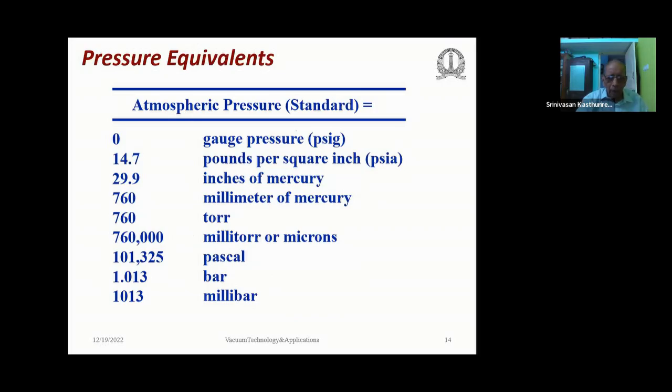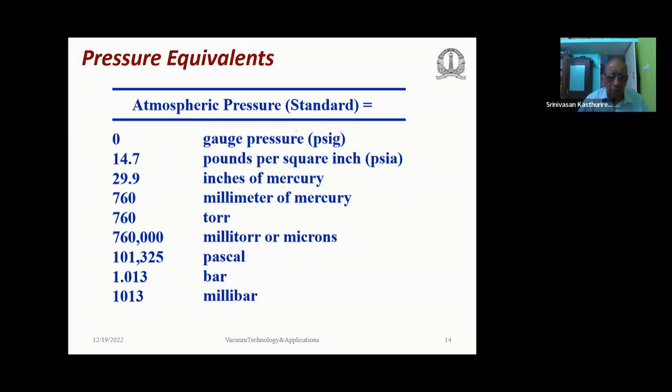Okay. If I take a standard atmospheric pressure, normally, you know, gauge pressure and atmospheric pressure we have seen. 1 atmospheric pressure will be equal to 0 in terms of gauge pressure.